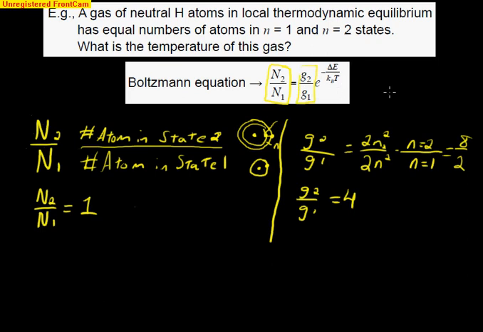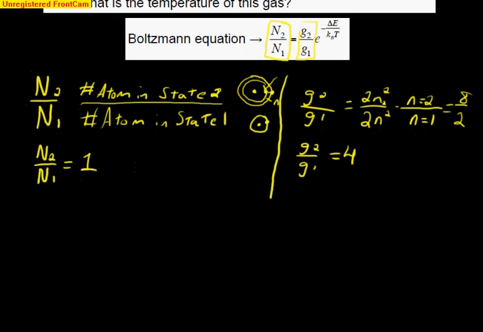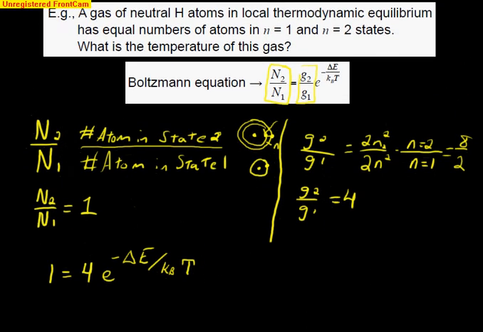And now we have this whole mess right here to deal with. First, let's set this up. We know we have 1 from here. Our ratio of number of atoms in different states is equal to 4, our ratio of degeneracies, times e to the negative change in energy divided by Boltzmann's constant, which is just a number, times our temperature, and we are trying to figure out the temperature of this particular gas.